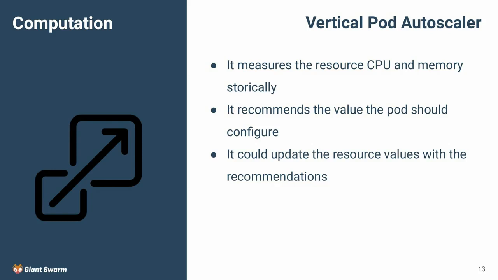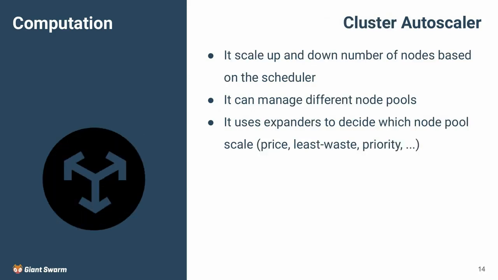And then lastly we have the cluster autoscaler, so the scaling of the nodes, adding or removing nodes from our node pools. How the community cluster autoscaler works is it leverages the scheduler. So as soon as there is a pending pod on the cluster, the autoscaler will add a new node in a certain pool. If you have several pools, it will use something called an expander to decide which one it is going to choose.